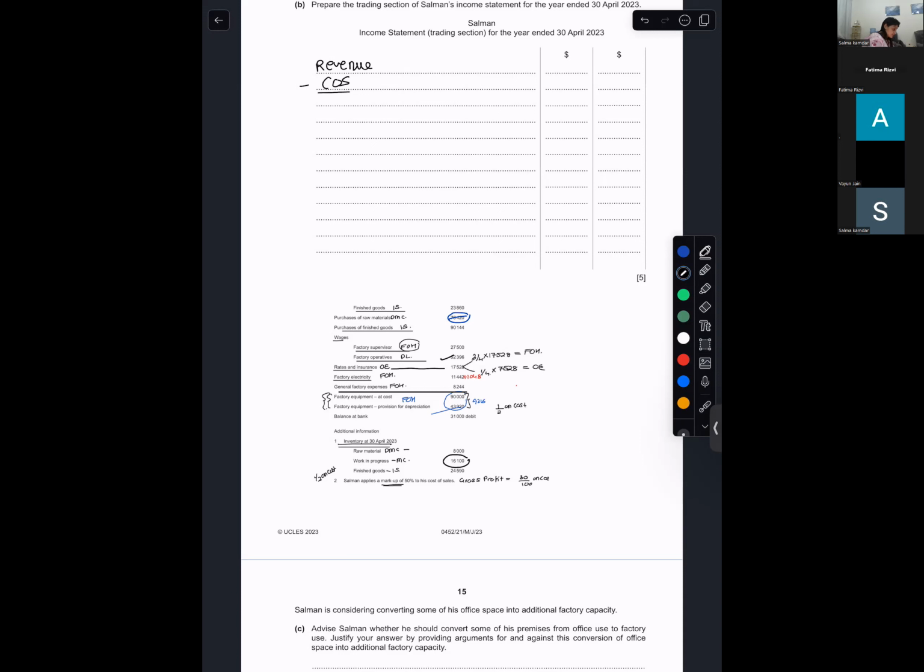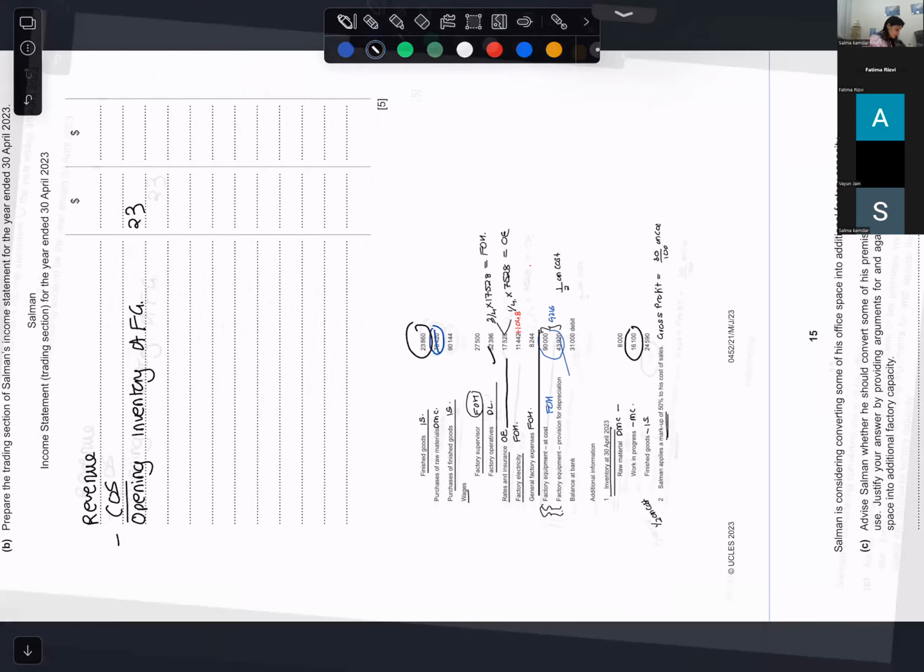Cost of sales. Cost of sales is made up of opening inventory of finished goods. How much? It is 23,860.